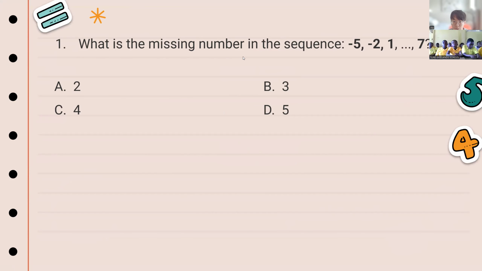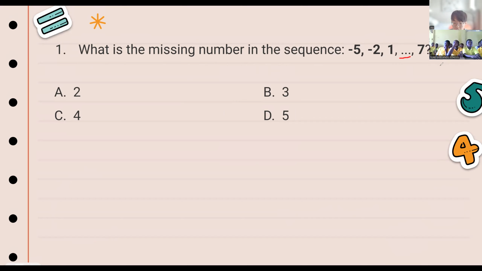What is the missing number in the sequence -5, -2, 1, blank, and 7? Do you think the answer is B here?